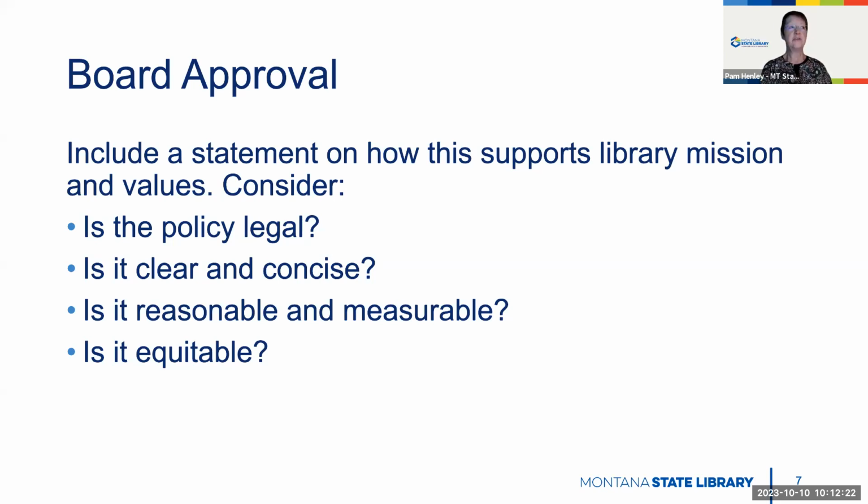That's measurable. Instead of, oh, your book is overdue and you'll be charged a fine, but there's no specifications in there. That's not measurable. And also, oh, you have an overdue book, we're going to charge you $5 a day. Is that reasonable? Probably not. So you want to consider the reasonable and the measurable so that everybody knows exactly what to expect.